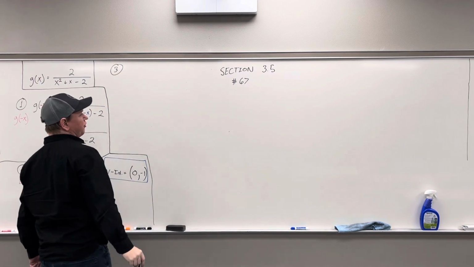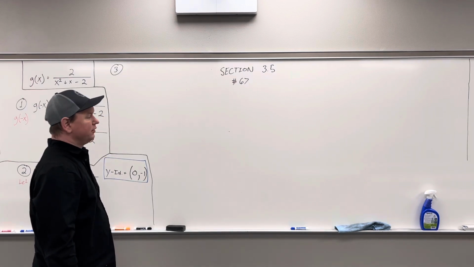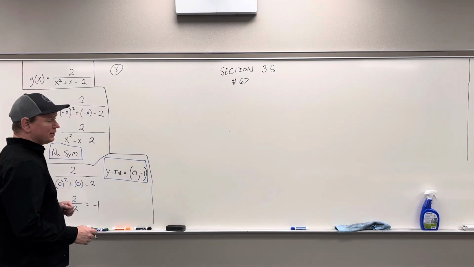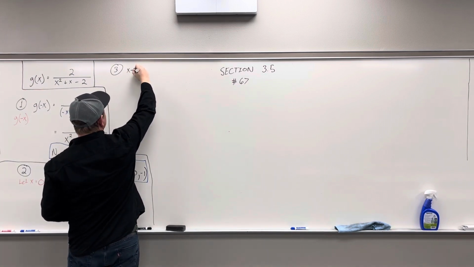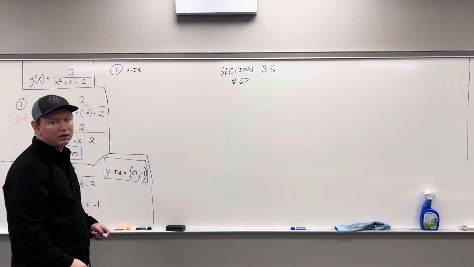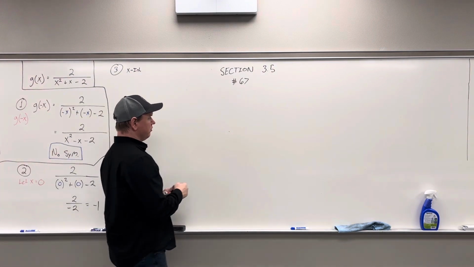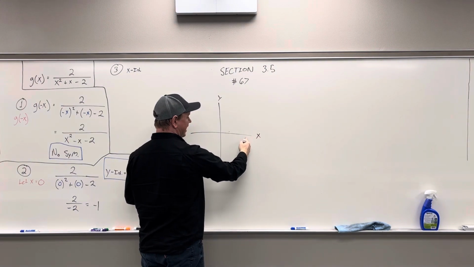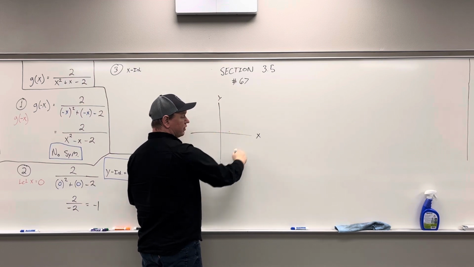Our third thing is we are finding our x-intercepts. Now, by the same token of letting x equal 0 to cross at the y, if we let y equal 0, we can cross here at x.